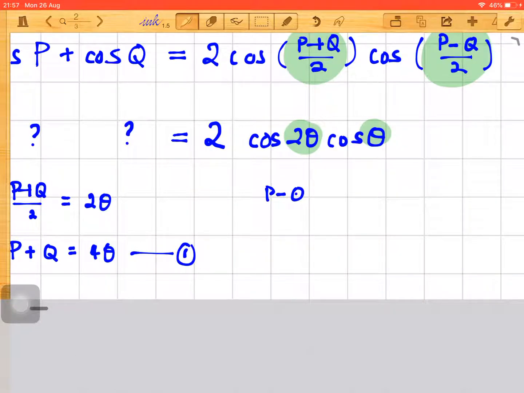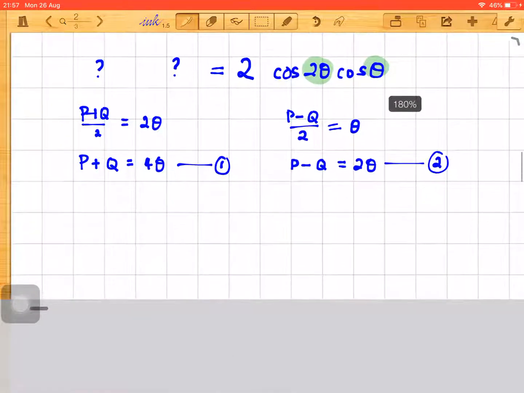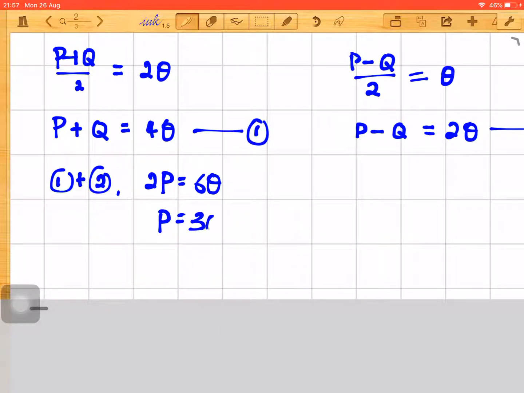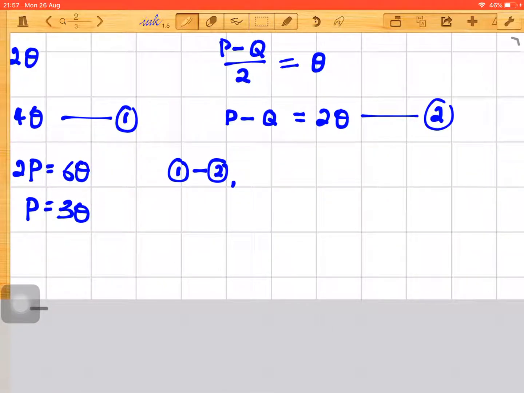(P minus Q) over 2 is theta. P minus Q is 2 theta, equation 2. Solving 1 plus 2, you will have 2P equals 6 theta. P is 3 theta. If 1 minus 2, you will get 2Q equals 2 theta. So Q is theta. Make sure when you're writing, you can differentiate what is Q and what is theta.